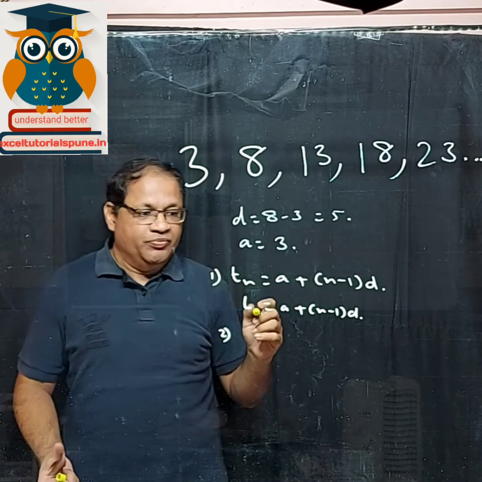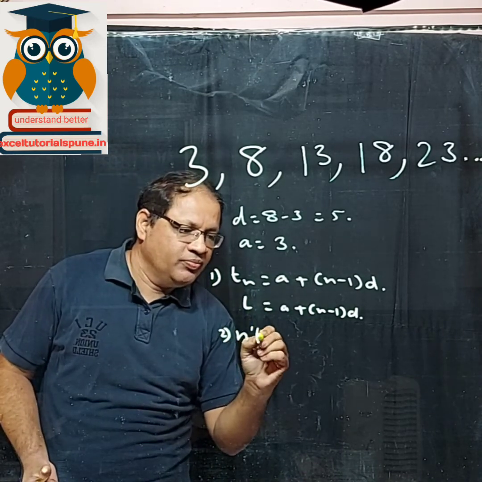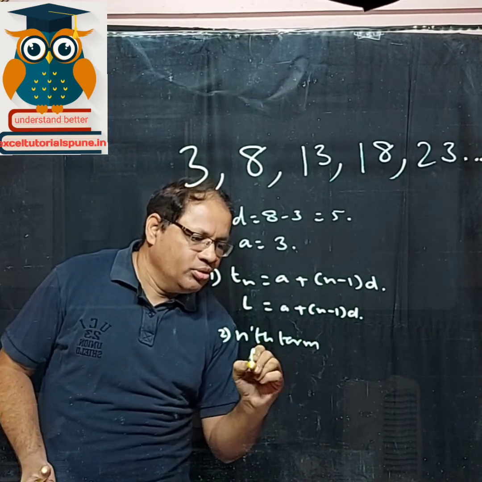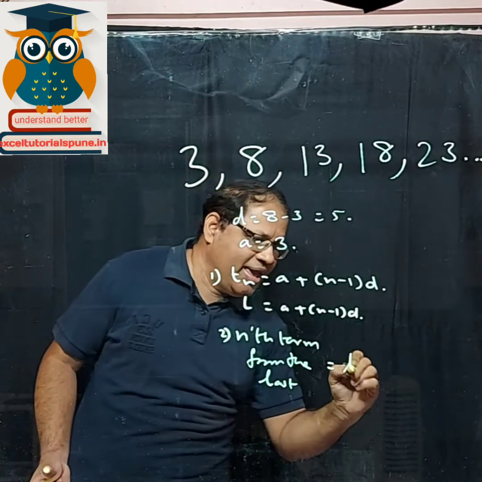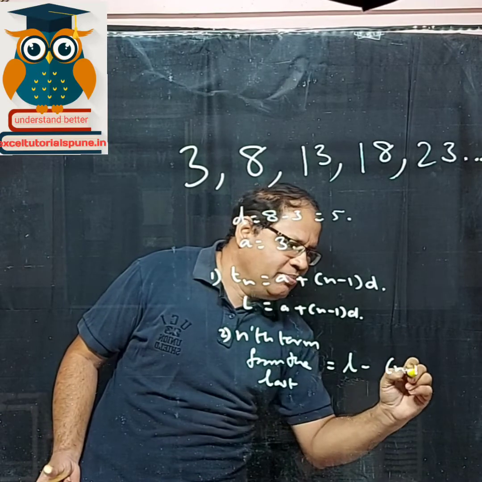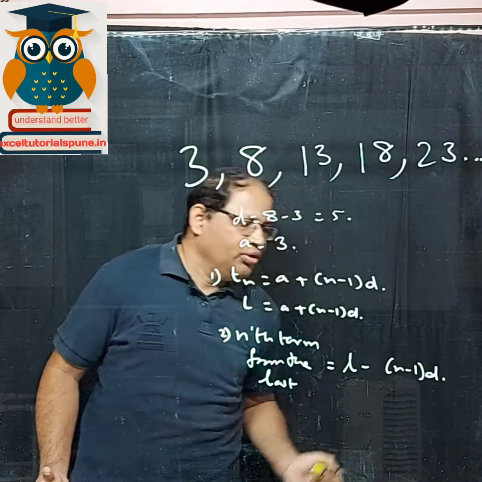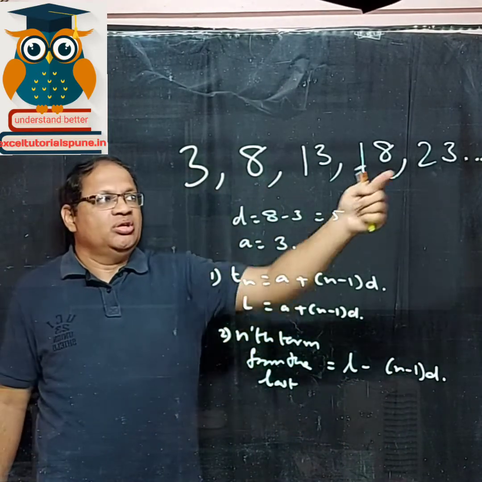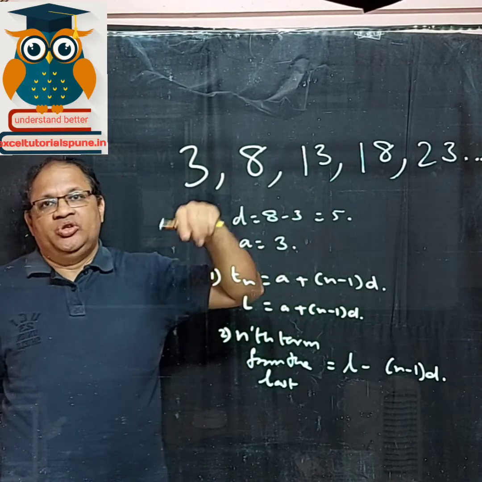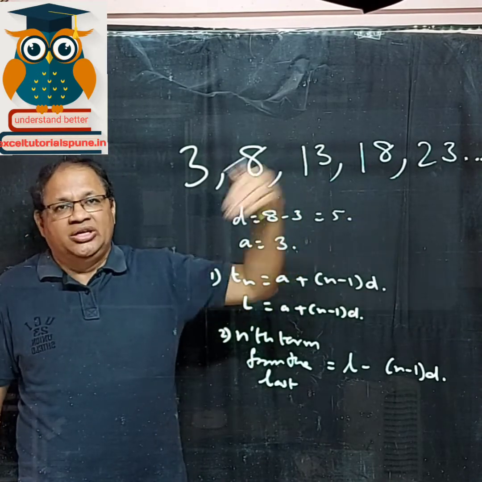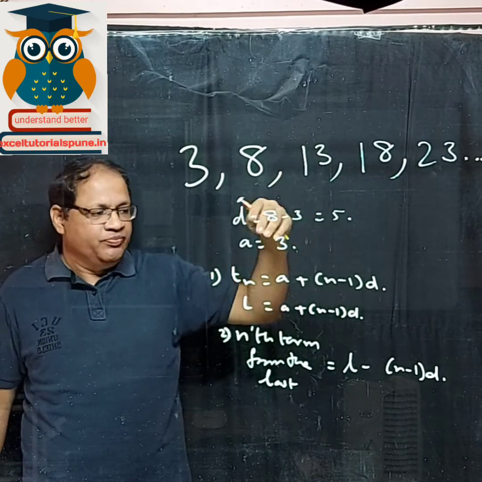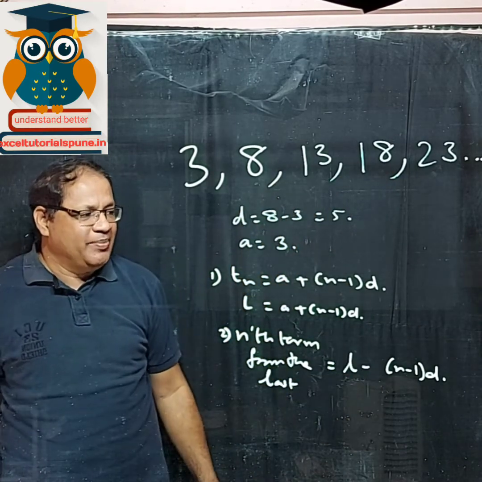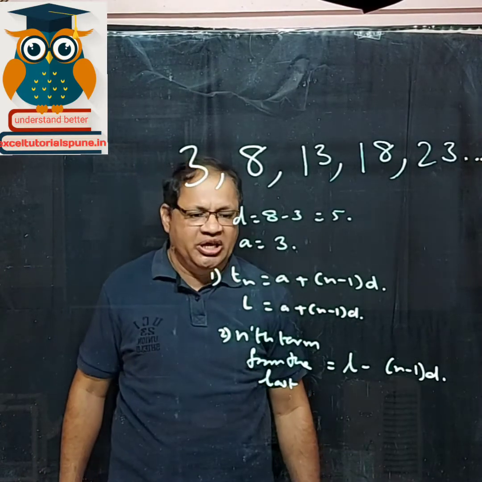The nth term from the last is L minus n minus 1 D. So if you want to find the third term, the fourth term or the nth term from the last, you have to use this formula, L minus n minus 1 D.